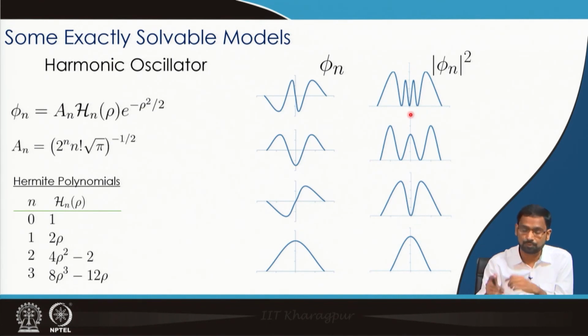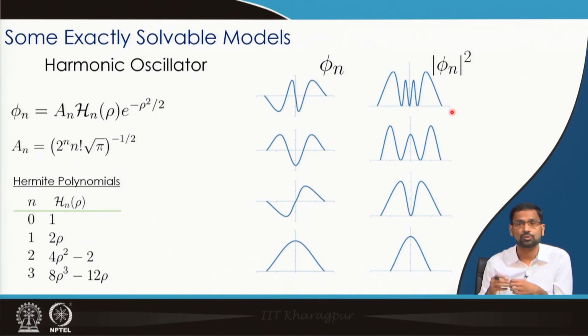At those turning points we see the probability getting accumulated. This is again an important concept that we often use in electronic transitions, or the spectroscopic discussion, where we talk about vibronic transitions, and which vibrational state gets maximum intensity.